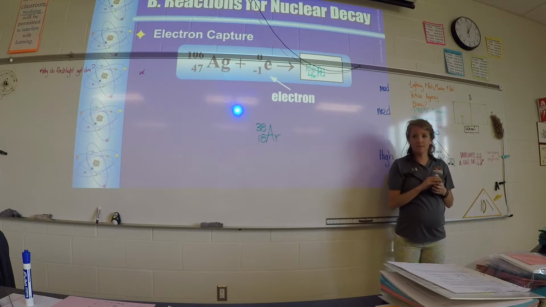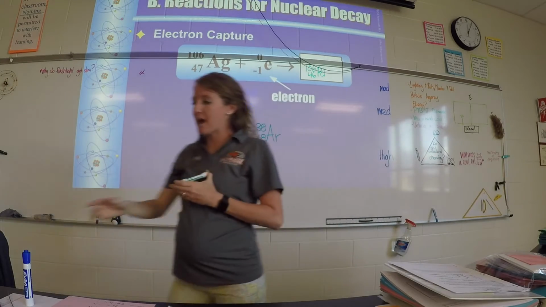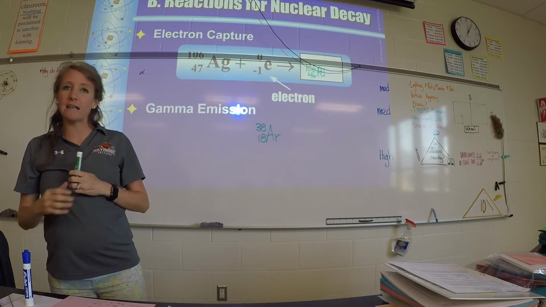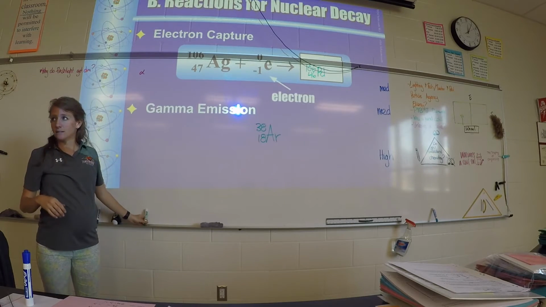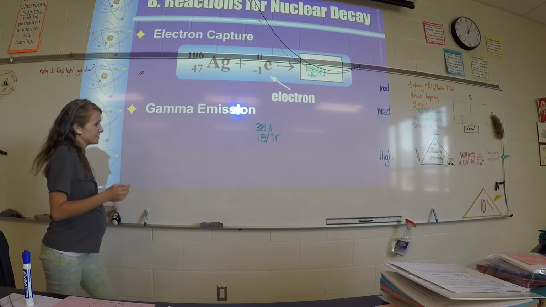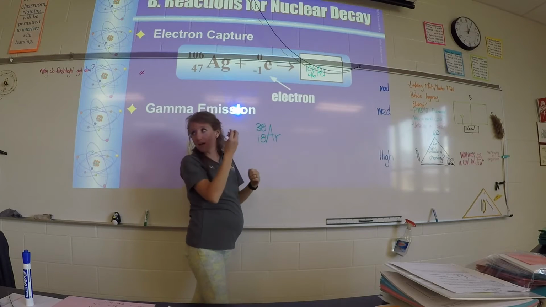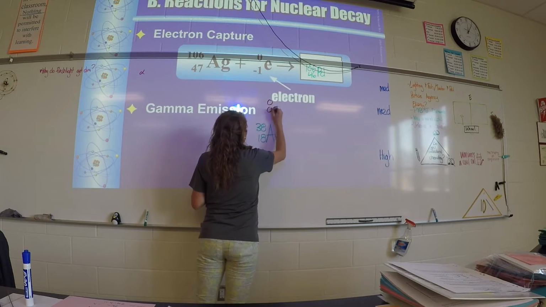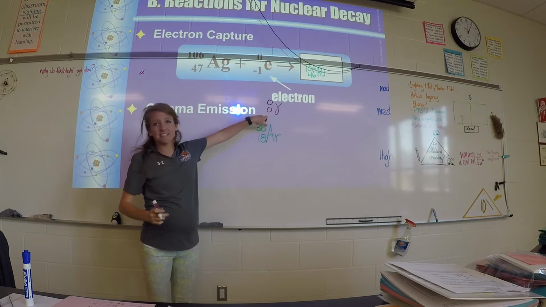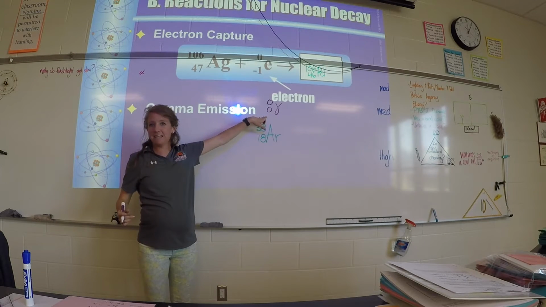Okay. All right, before we talk about gamma, go back to your little table on the front. What is the symbol for gamma again? Y, and what are our two numbers? The two numbers that are with it. 0, 0. Yeah. So is this going to change anything mathematically?